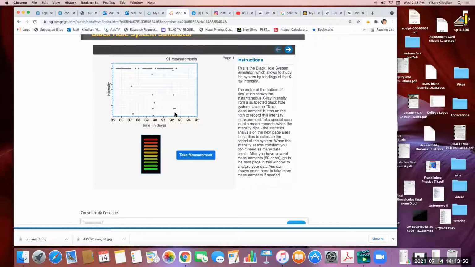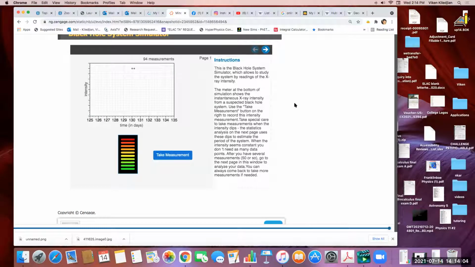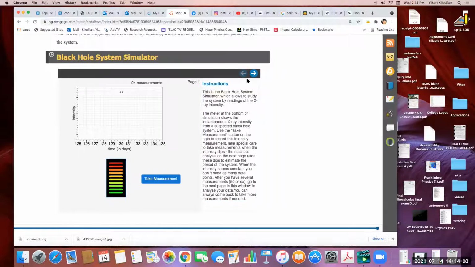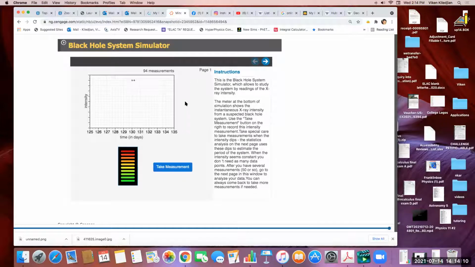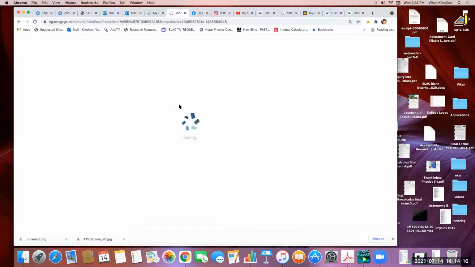This is just how many data points we've taken. So I wonder how we can refresh the page. I think if you refresh, it will start again.